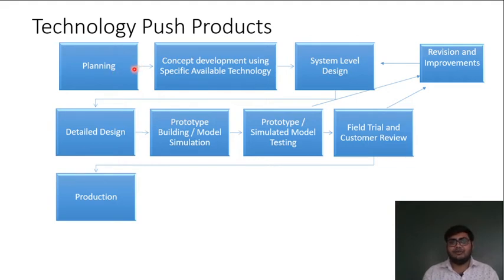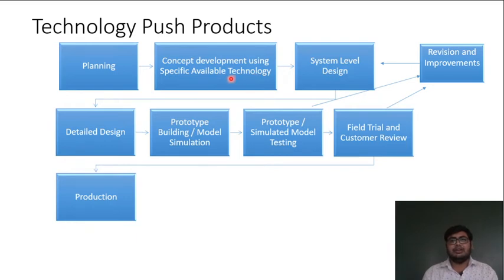Planning is must. Then we'll develop some concept using specific technology for which we are manufacturing product, or the technology which is newly available. For example, someone discovered that okay, these electromagnetic waves can be used to generate heat, so that is technology.